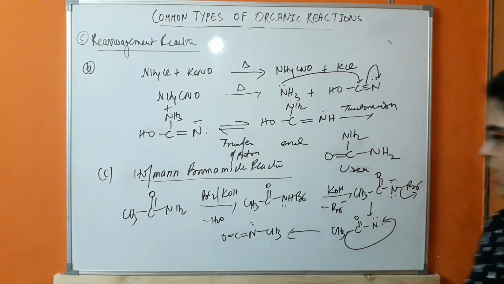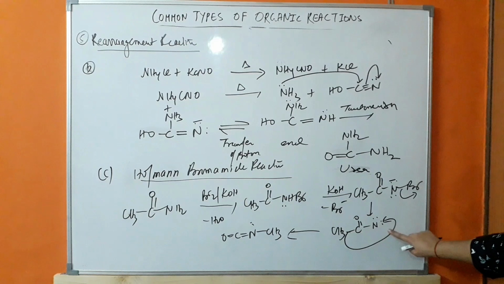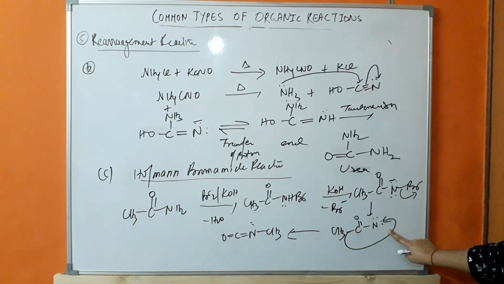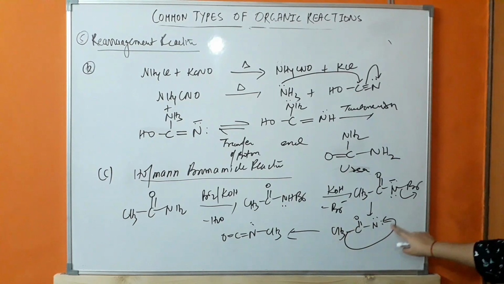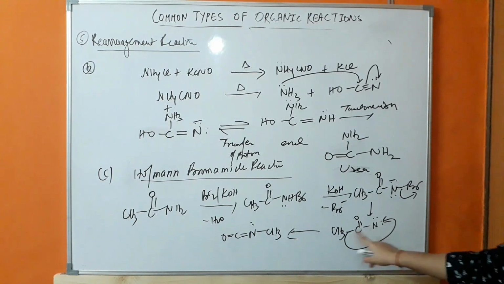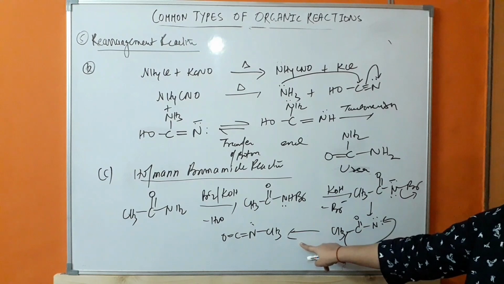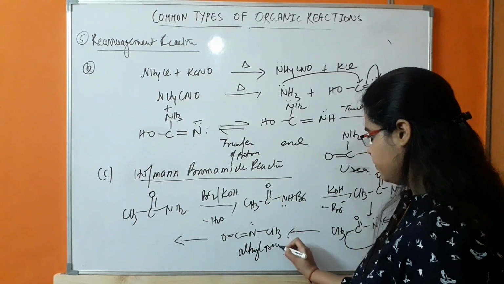Now nitrogen will have one lone pair. Okay, this methyl group is shifted to this nitrogen in the form of a positive, that is carbocation or electrophile. So it will be shifted to this, and a bond will be formed between C and N, that will be a double bond. So this is the formation. Okay, this is alkyl isocyanide.